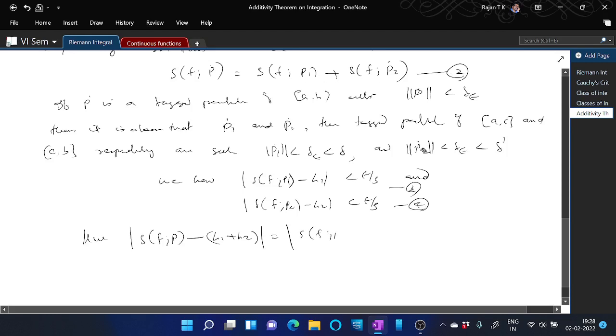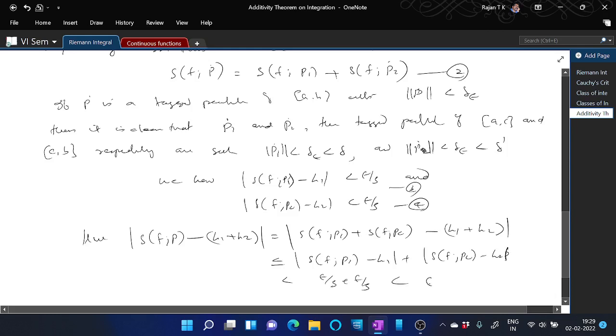So modulus of S of P1 plus S of P2 minus (L1 plus L2) is clearly less than or equal to modulus of S of P1 minus L1 plus modulus of S of P2 minus L2, which is less than epsilon by 3 plus epsilon by 3, which is clearly less than epsilon.